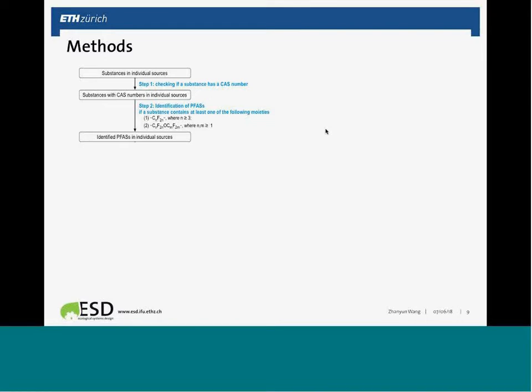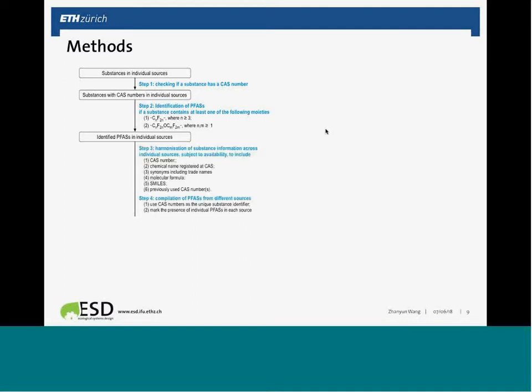One is that there's a CnF2n moiety, and the n is equal to or above 3. The other one is if we have a CnF2n or CnF2m moiety where n and m are equal to 1 or above. And then we could identify individual PFASs in individual sources.